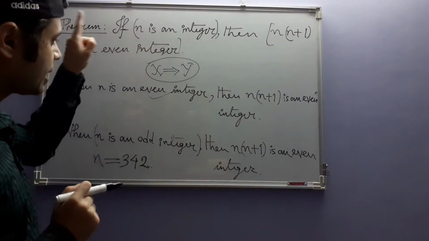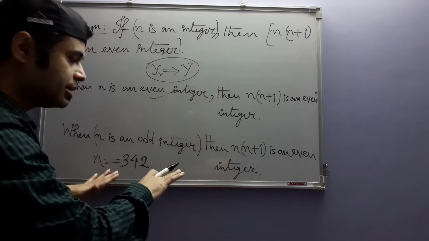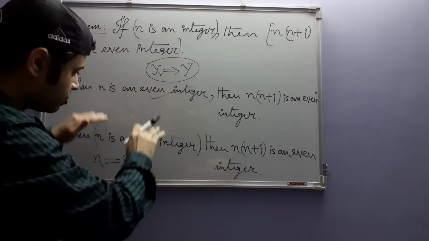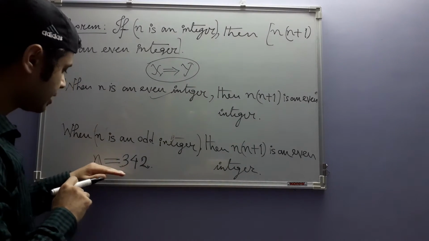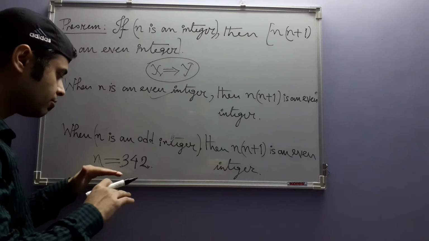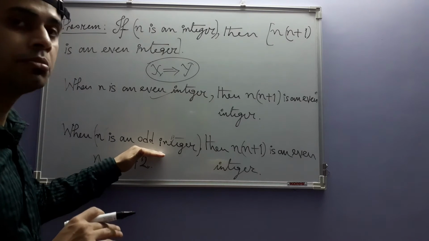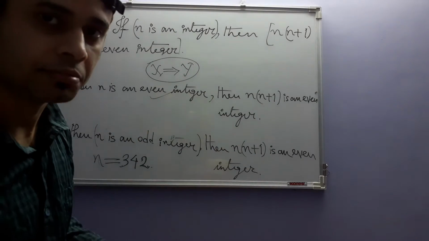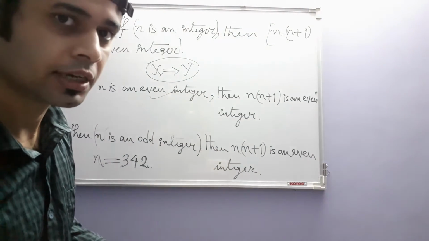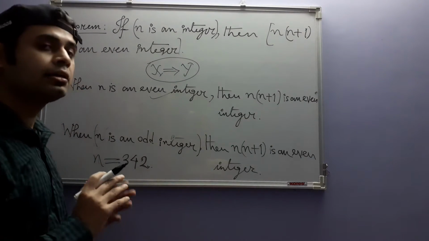So it is either even or odd. While both parts of the proof are there, for a particular choice of n, one part of the proof becomes meaningless if we don't have vacuously true statements. So that's why vacuously true statements are needed.